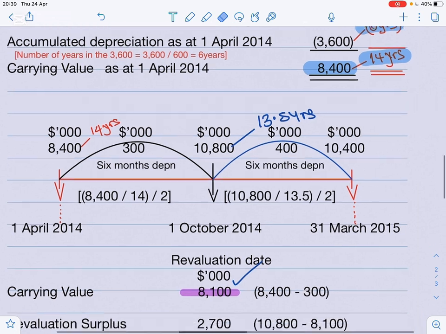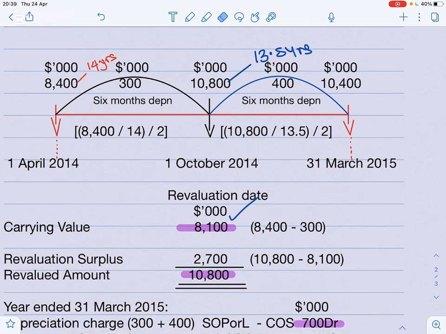So you remember we spoke about it at that time. Revaluation surplus is going to be the difference between the market value, revalued amount, and the current value as at the date of revaluation exercise. So that difference is what produced these 2.7.